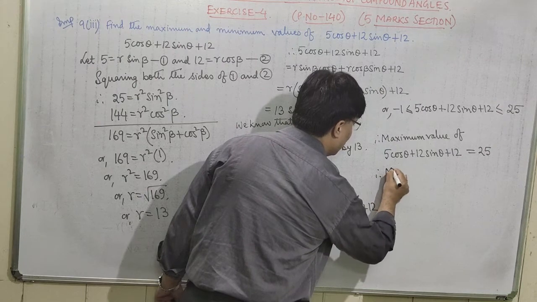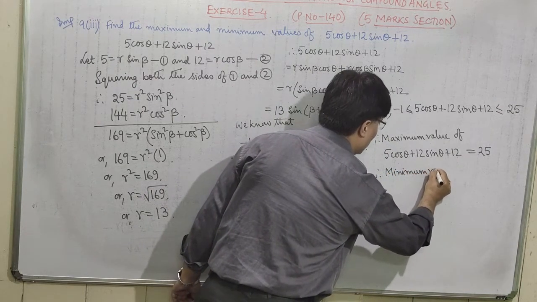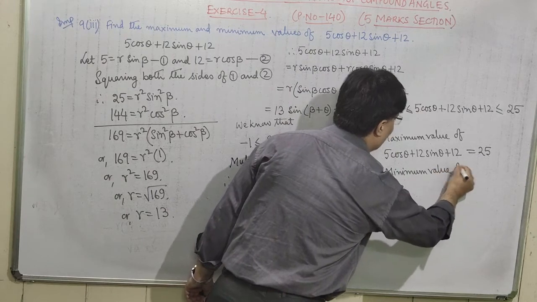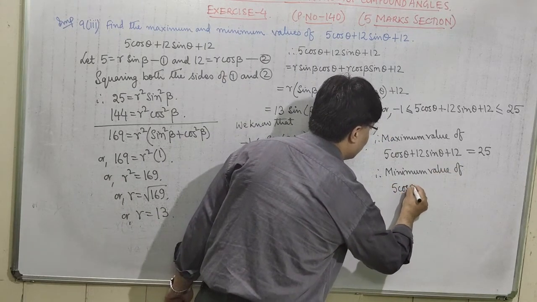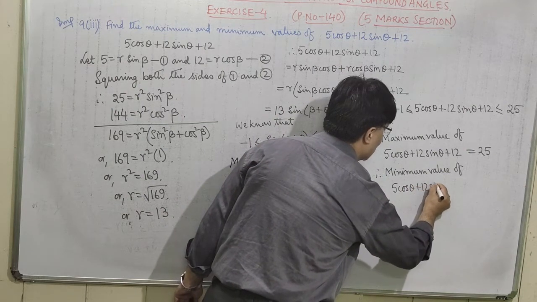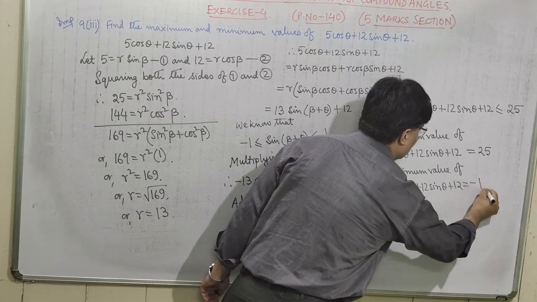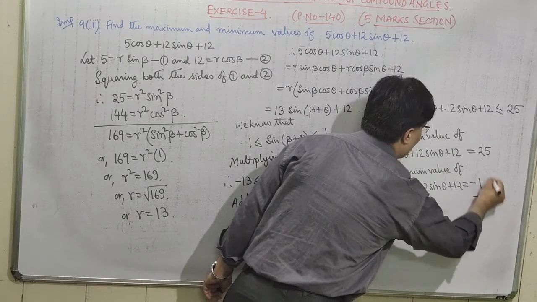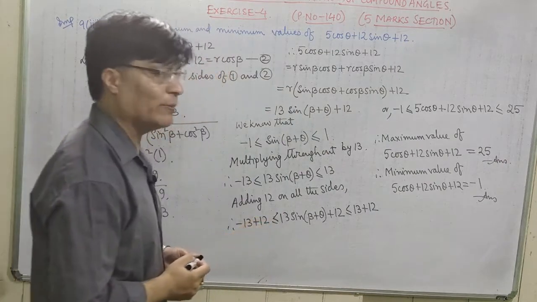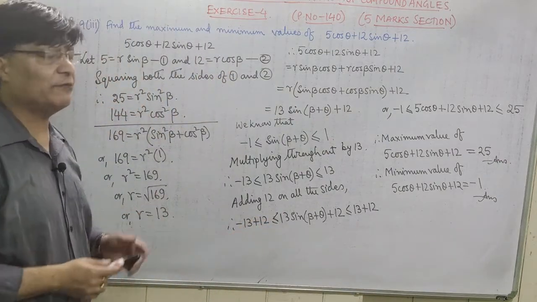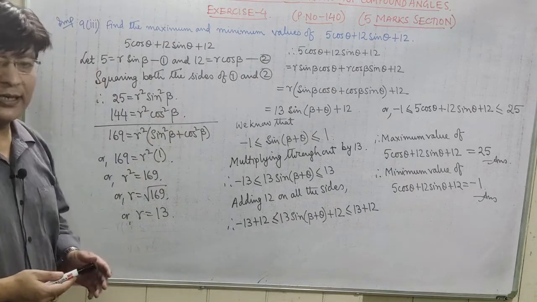So therefore minimum value of 5 cos theta plus 12 sin theta plus 12 is equal to -1. So these are the answers. Maximum value of the given expression is 25. Minimum value of the given expression is -1. Okay. So these are the answers.